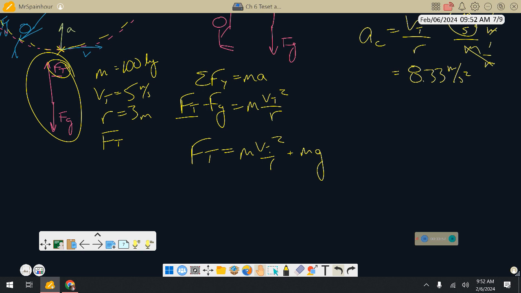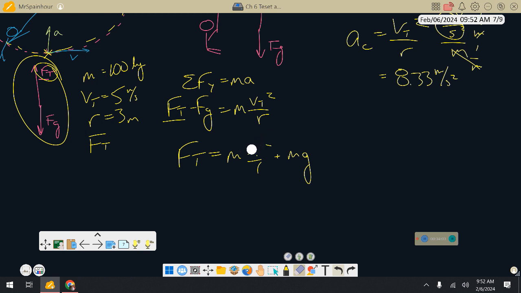Also, if you had done this over here, you don't need to have this as v_t squared over r. You need to have this as a. The reason we need to have this conversation is, is there a difference between a and g in this case? Yeah, very much so. A is how much acceleration centripetal you're experiencing. G is how much acceleration gravity would cause if it was by itself.